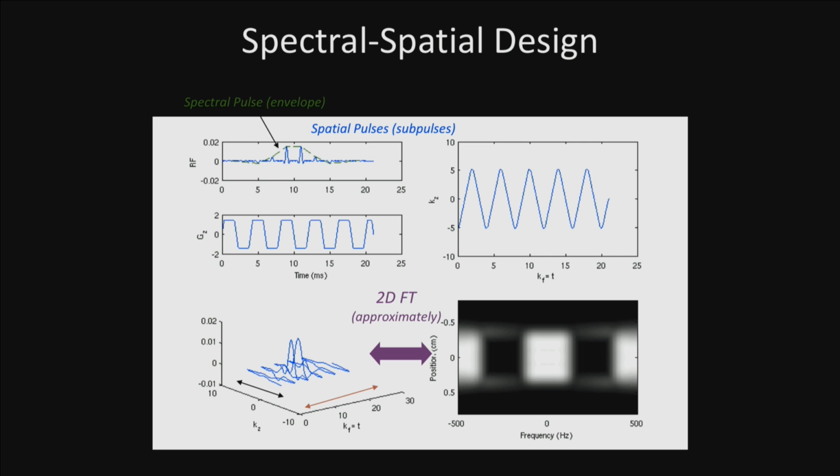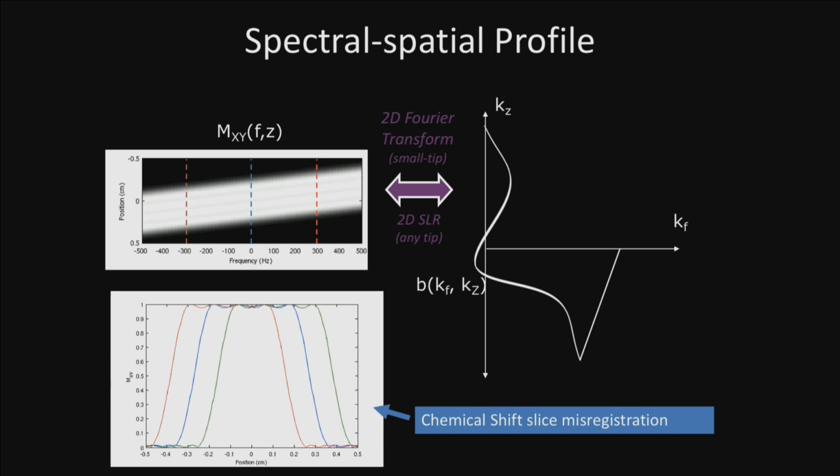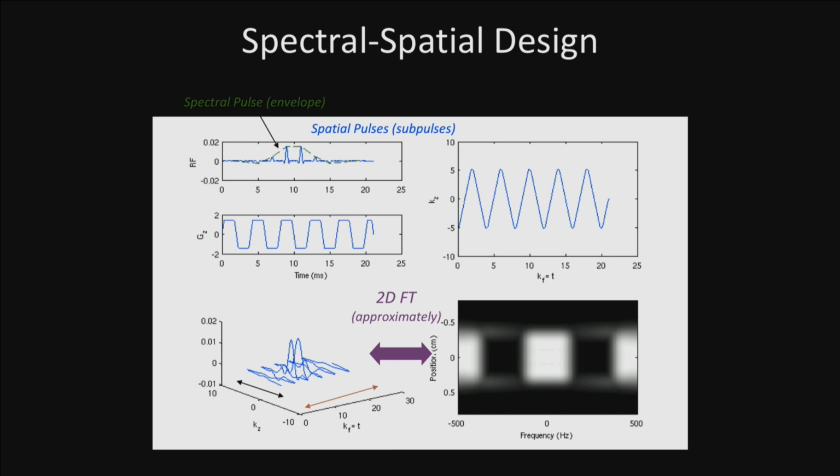So the difference between this pulse and the previous pulse, which is just our run-of-the-mill slice select, is we're actually trying now to consider what's happening when we consider this spectral excitation dimension here.